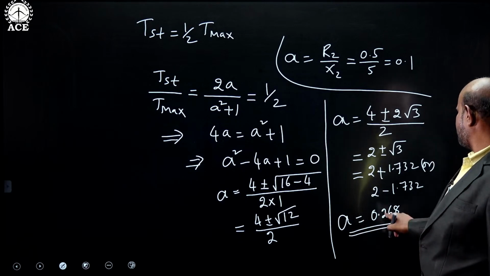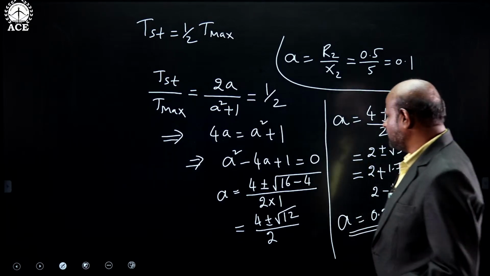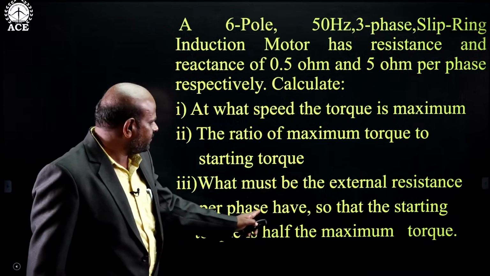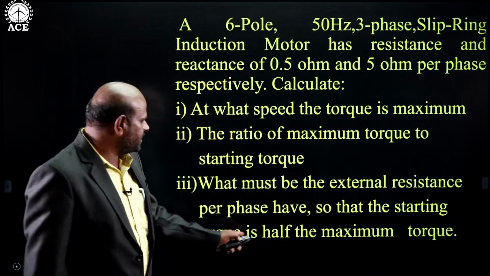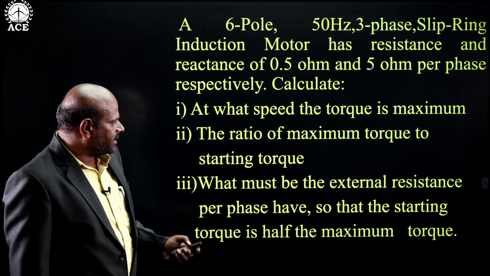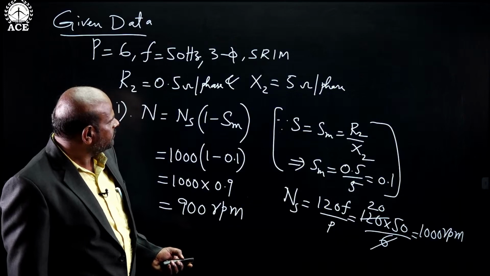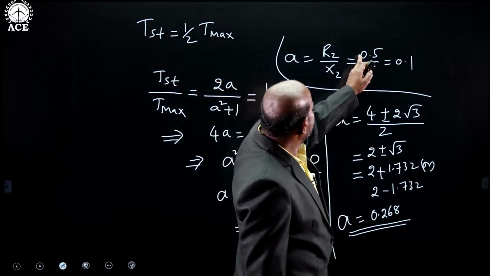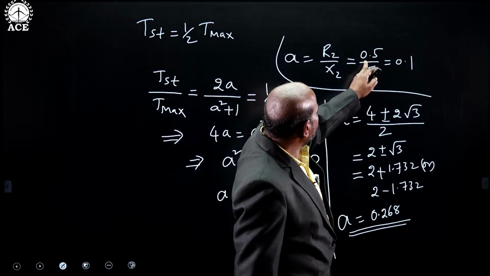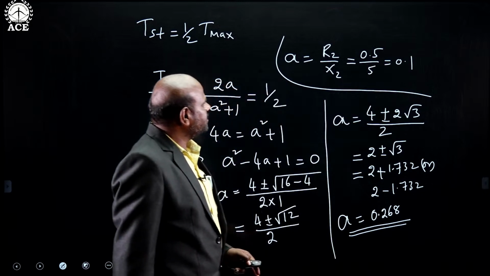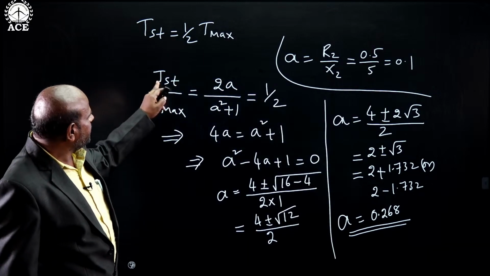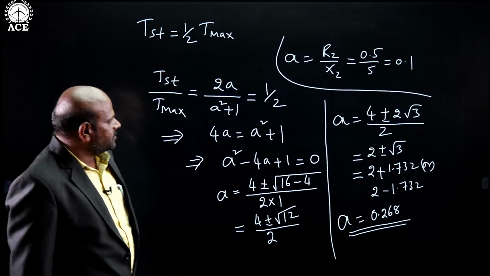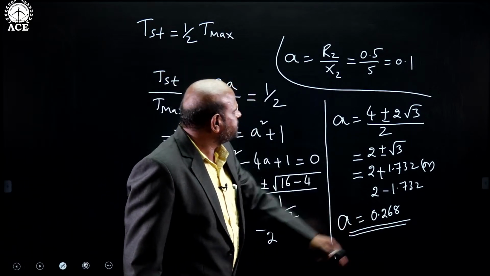Here A is 0.268, but the question is, what must be the external resistance per phase so that the starting torque is half of the maximum torque? External resistance is asked, but the actual rotor resistance is 0.5. So what amount of resistance is to be added here such that the starting torque will be equal to half of the maximum torque? So if A is equal to 0.268, we are going to get this value.